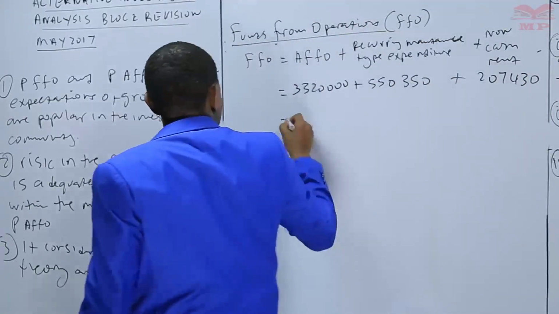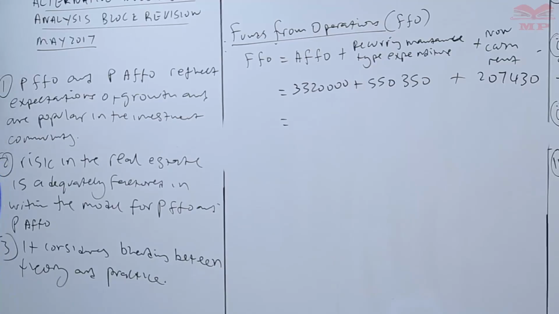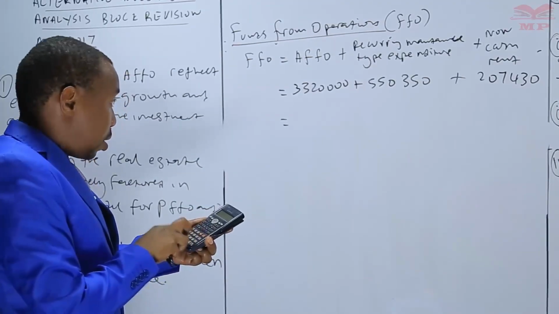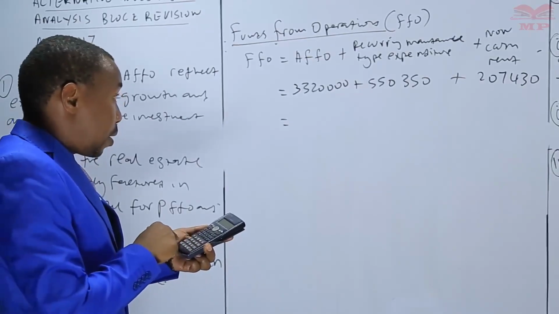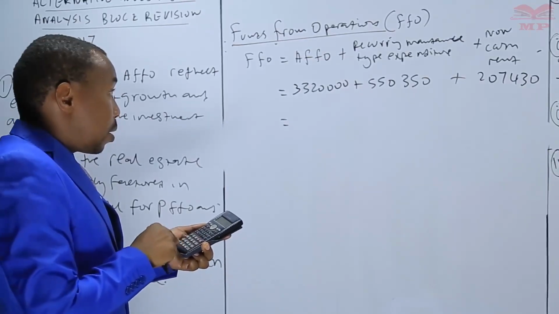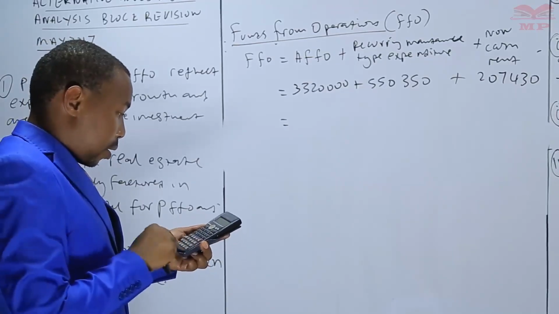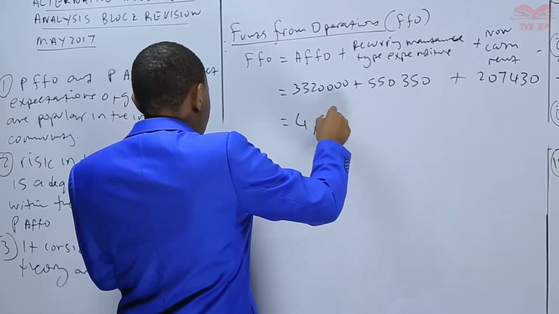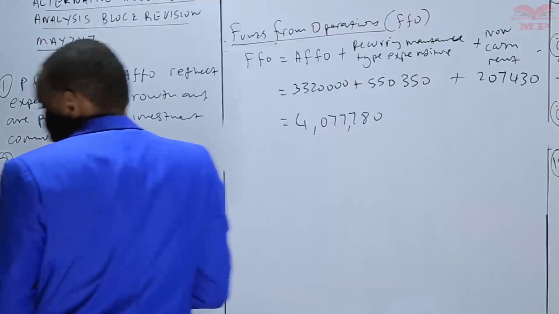So we have 3,320,000 plus 550,350 plus 207,430, which is 4,077,780. That is the funds from operations.